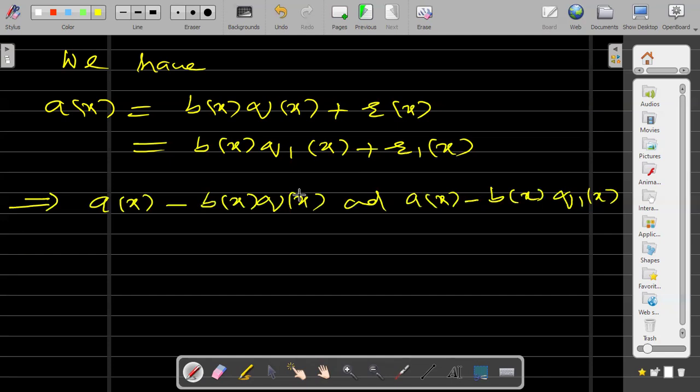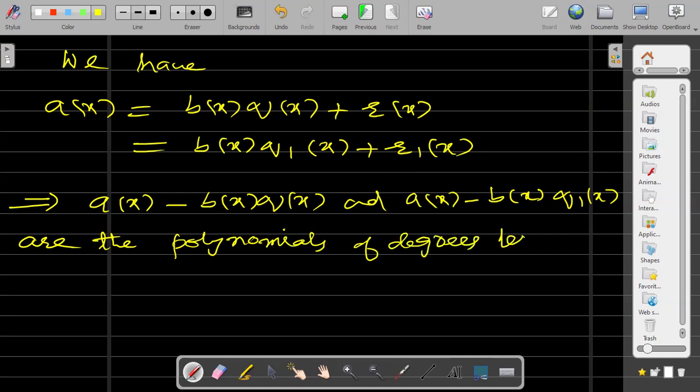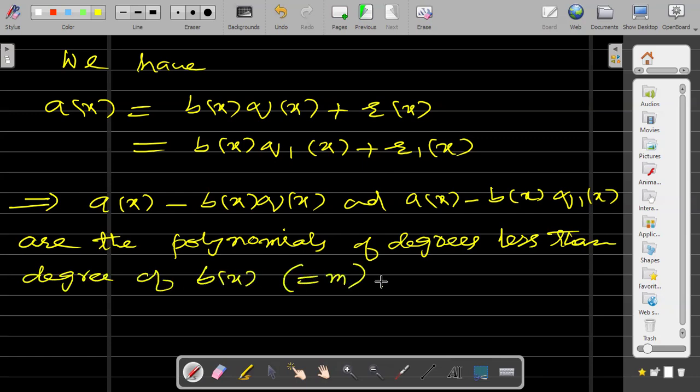These are polynomials of degrees less than degree of b(x), which is m, sorry. Since this is r(x) and this is r1(x), both have degree less than degree of b(x), which is m.